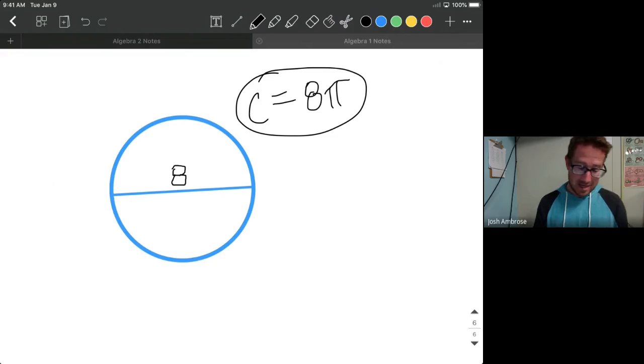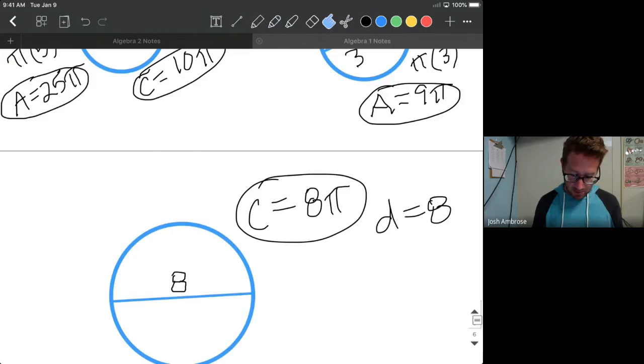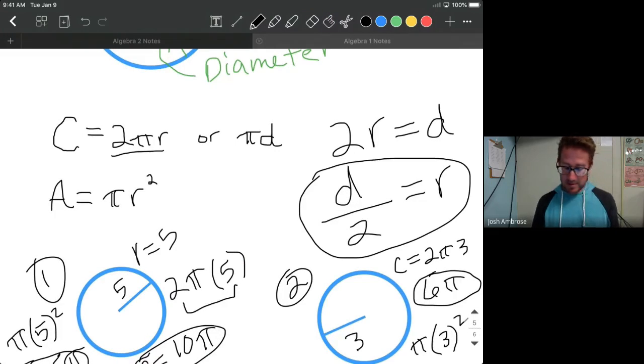All right. Now, this is where one extra step is involved. You'll notice diameter equals 8. We don't have the radius, but how do you get the radius? Let's do a quick check right here. All right, radius, that's this equation we're going to look at. Radius is if you take diameter, divide it by 2.